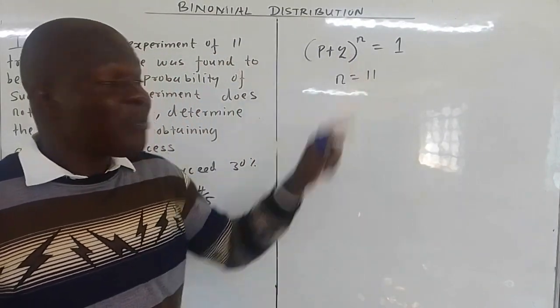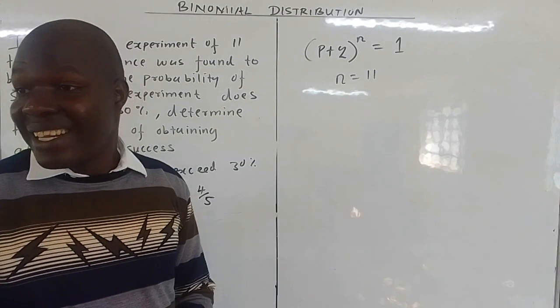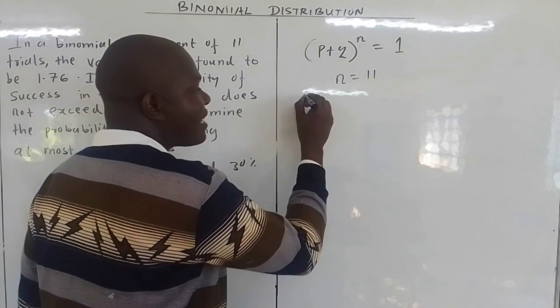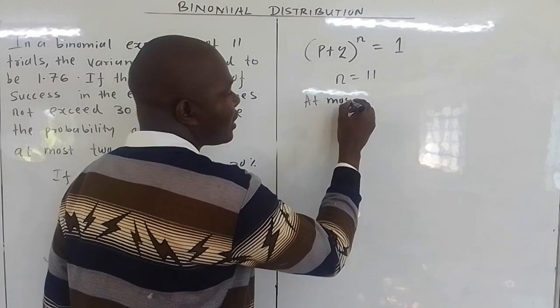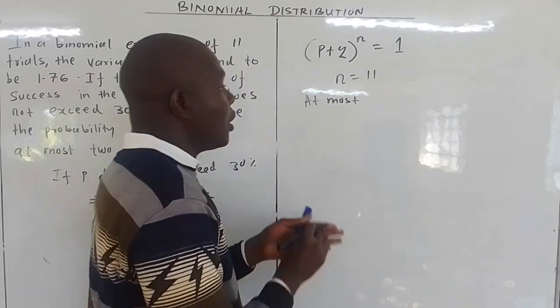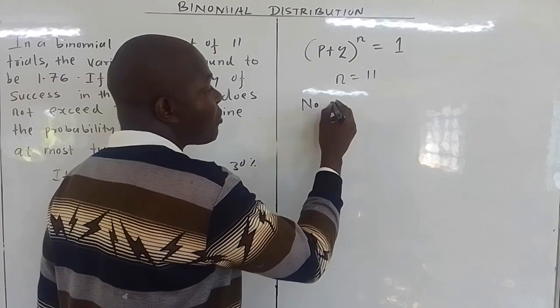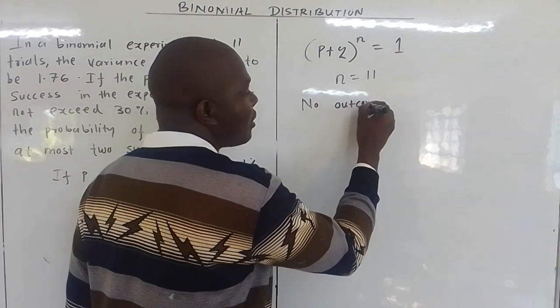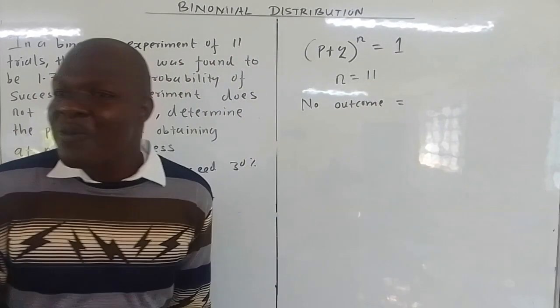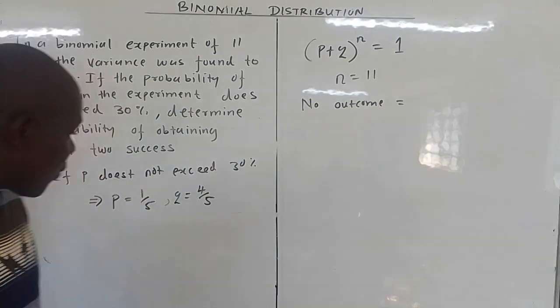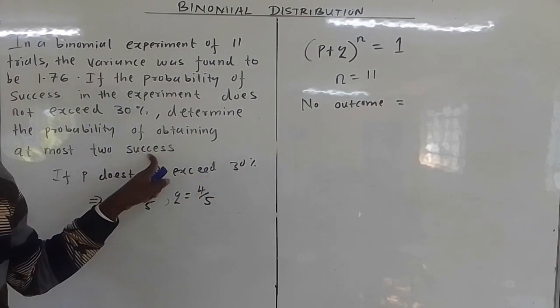You don't need to waste time expanding that, isn't it? At most, just come here and write at most. Before you write that, start with no outcome, isn't it? No outcome is the power of P being 0, because we are dealing with success, meaning P is the reference.